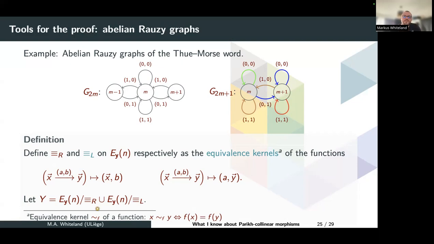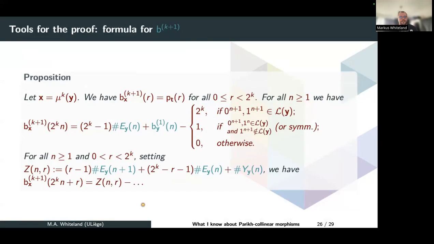Essentially, what we're going to do is count the number of these equivalence classes that we can see in an abelian Rauzy graph. It's essentially this here. And why do we do that? Well, this is a very technical proposition, but it essentially allows us to understand the k+1 binomial complexity function of an infinite word x that is the kth image under the Thue-Morse morphism.